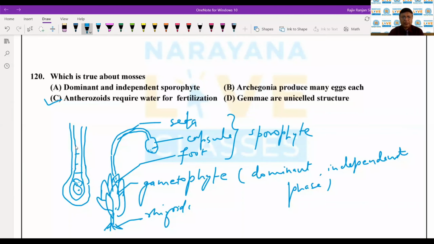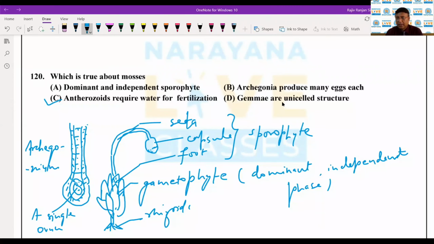These are the neck canal cells. It is the neck. It is the venter. Okay. So a single egg, a single ovum is present in an archegonium.